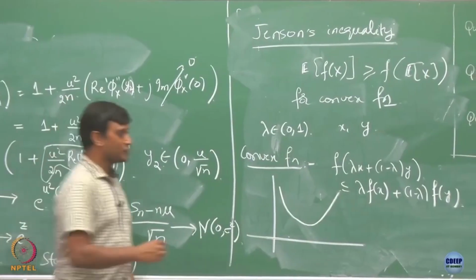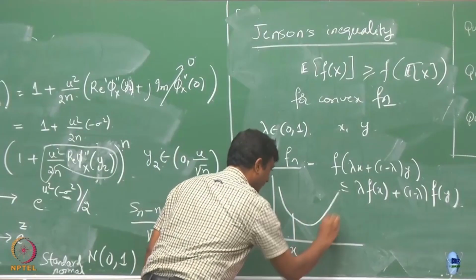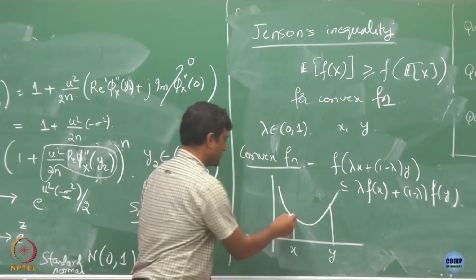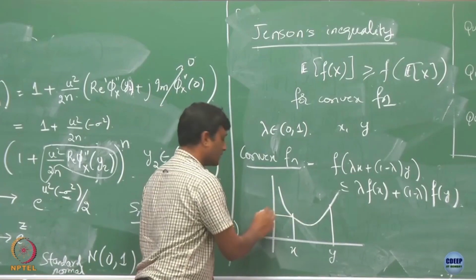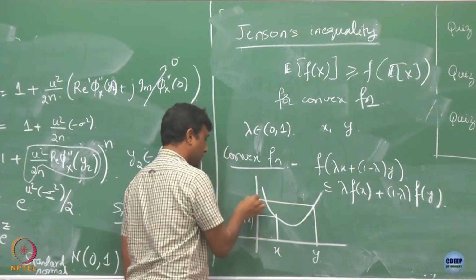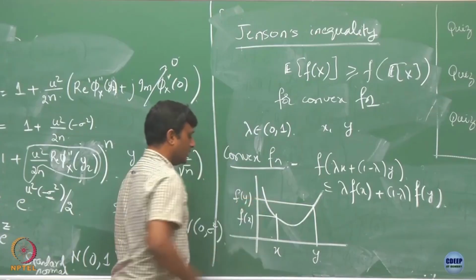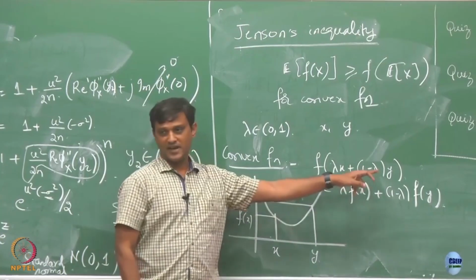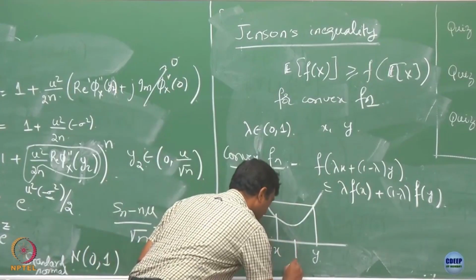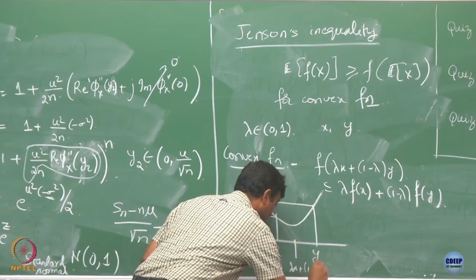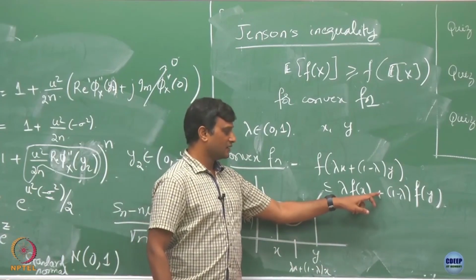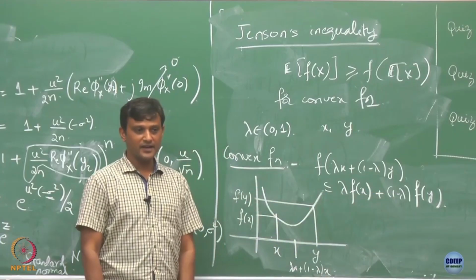Okay, let's take 2 points, x here and let's say y here. So what is this here and what is this here? So where are lambda x plus 1 minus lambda y going to lie? And where is lambda f of x plus 1 minus lambda f of y going to lie?